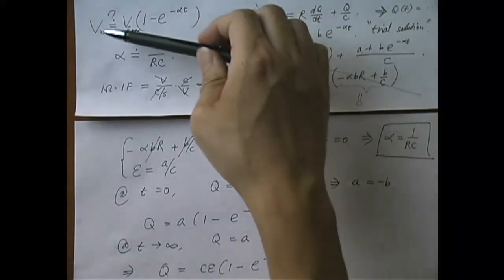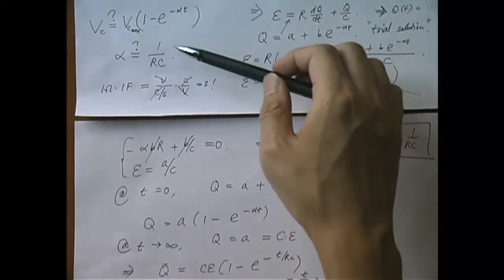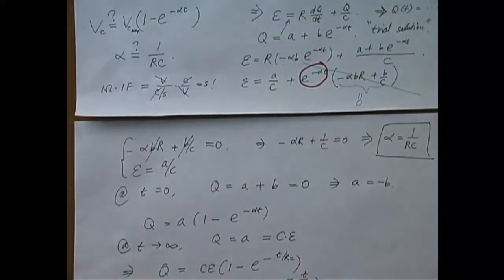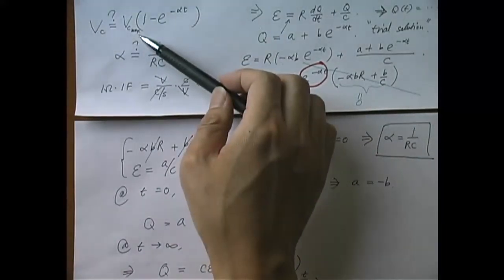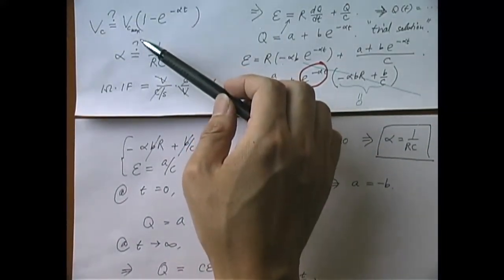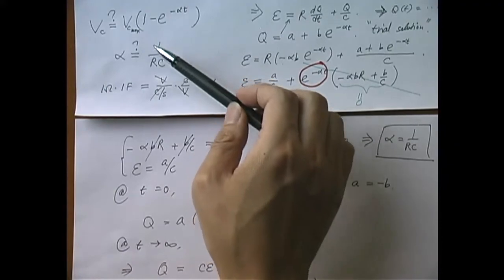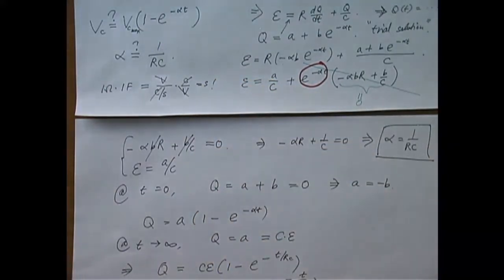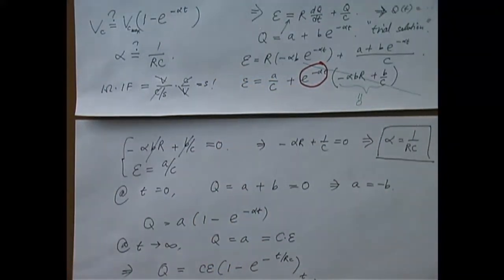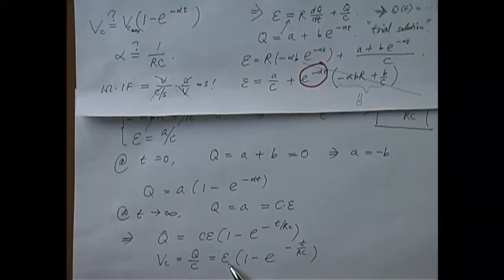We guessed VC should be like this, and alpha should go like 1 over RC. That's exactly what we get. And that VC maximum, as we know, should be the fully charged value of the voltage difference across the capacitor, and that should be epsilon. See, epsilon right here. So our guess gave us the exact right answer. This is epsilon, which is VC maximum.